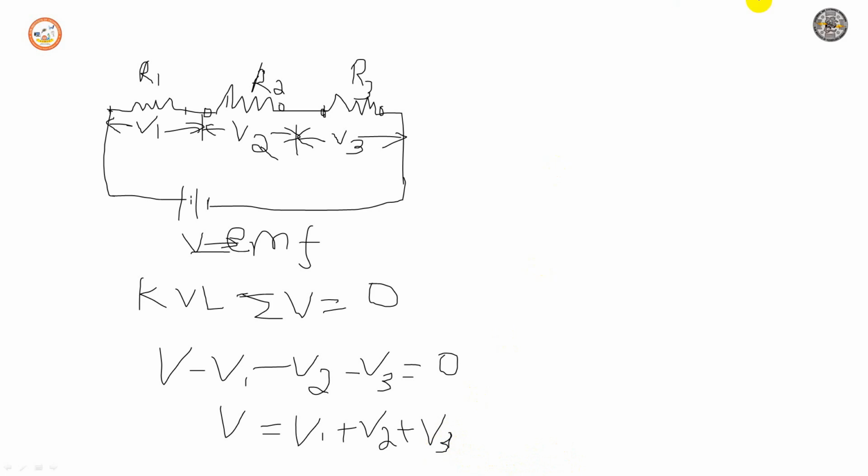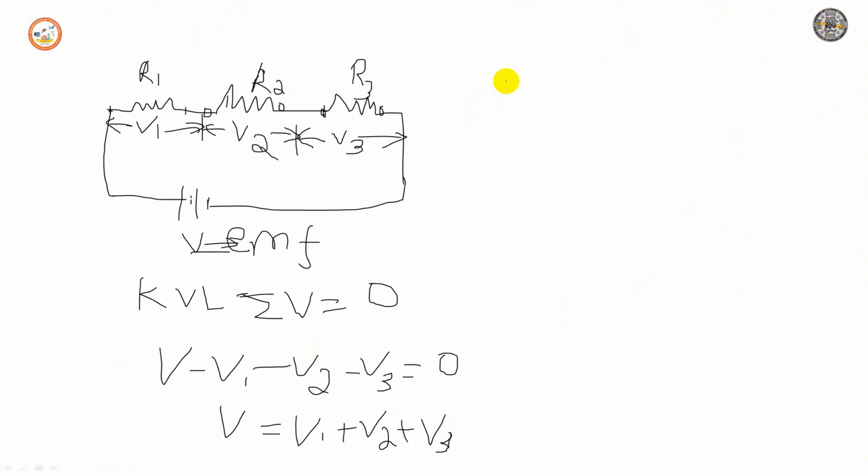Now how to apply Ohm's law to this series circuit to find the equivalent resistance of the circuit having R1, R2 and R3 connected in series.